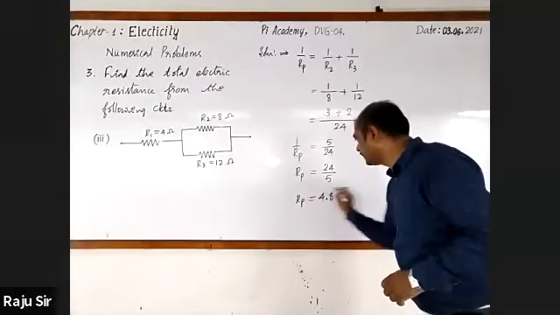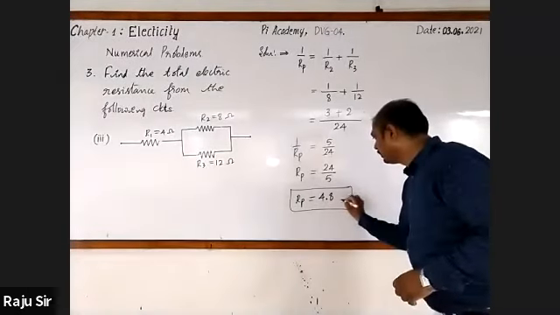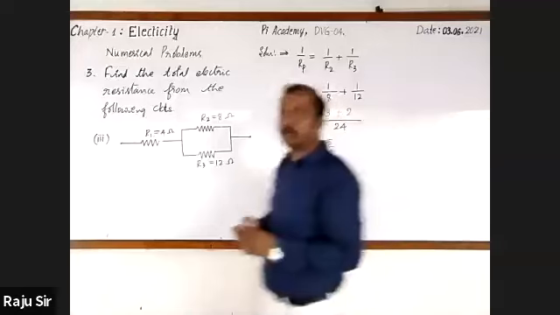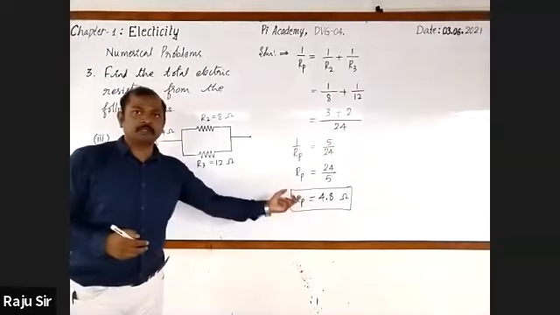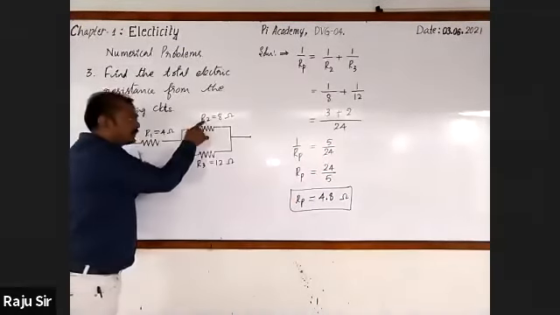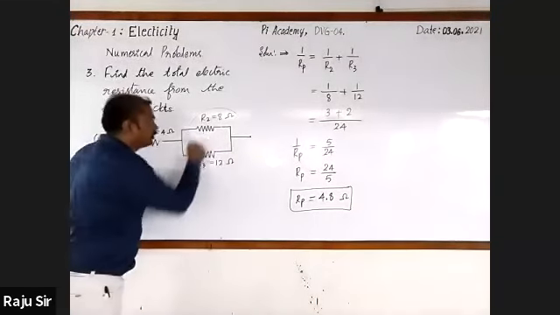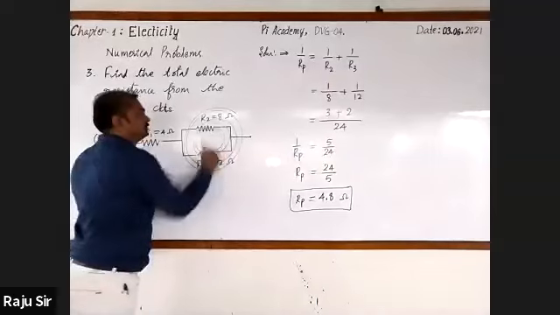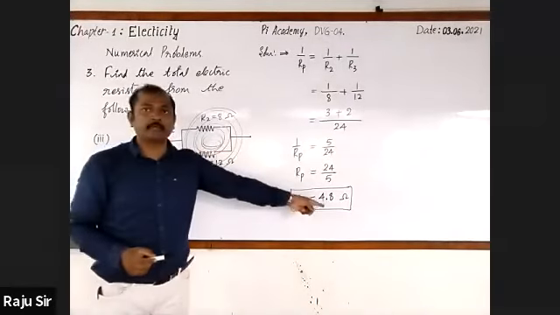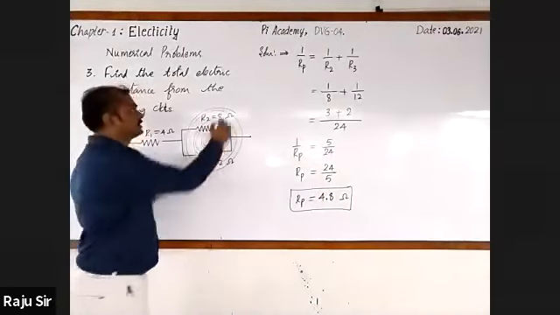So RP is equal to 4.8 ohm. This is the effective resistance of the second and third resistors.